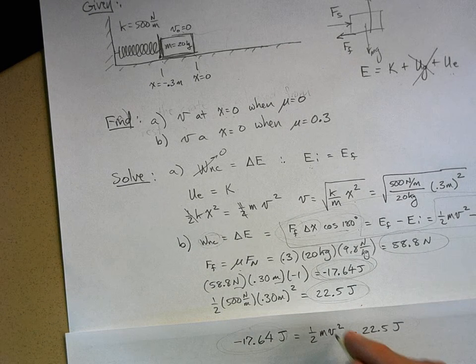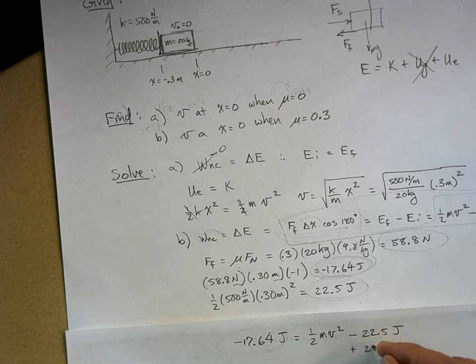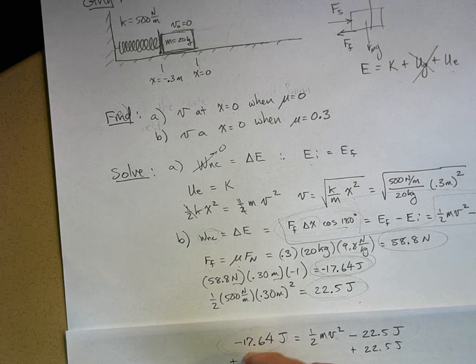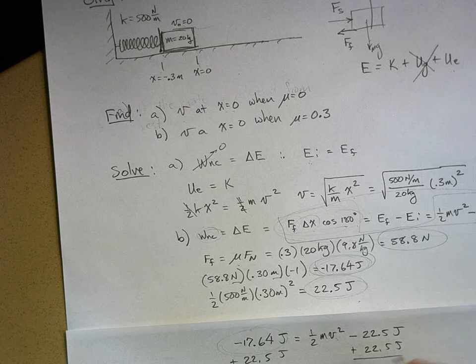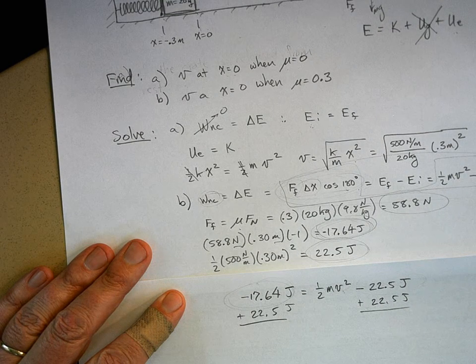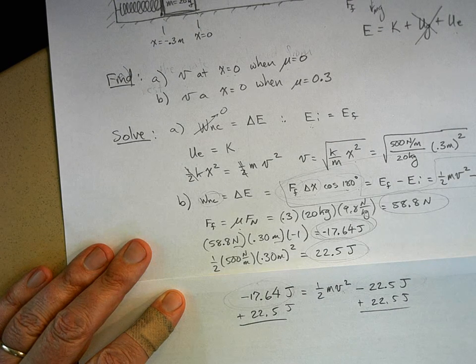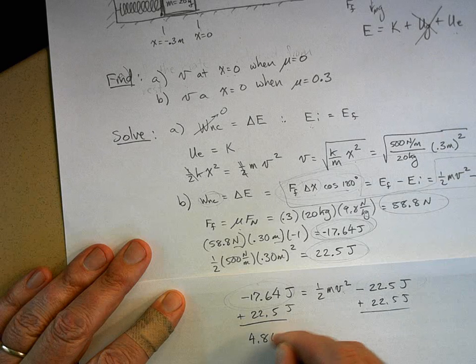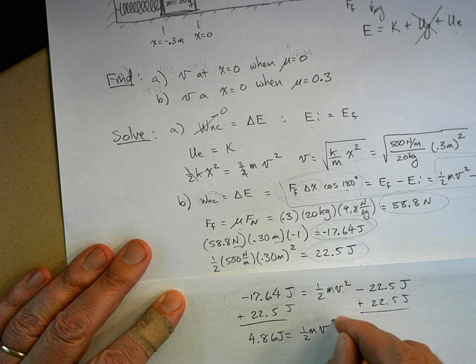So let's solve for v. First of all, I'm going to add 22.5 joules to both sides. And I get 4.86 joules equals 1/2 mv squared. So solve for v.